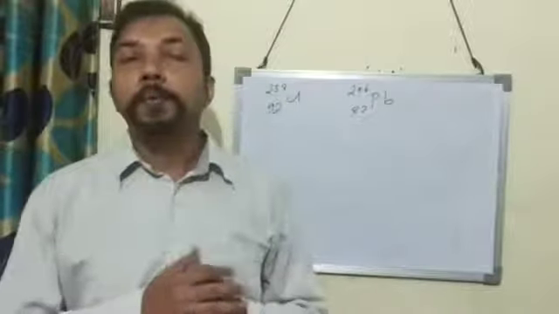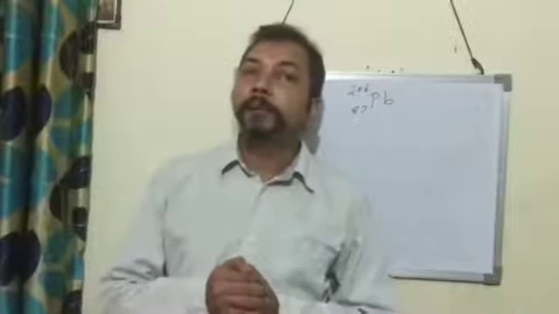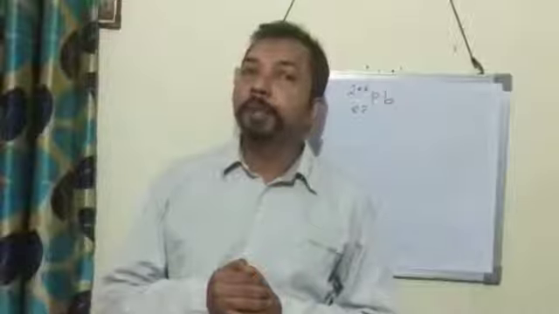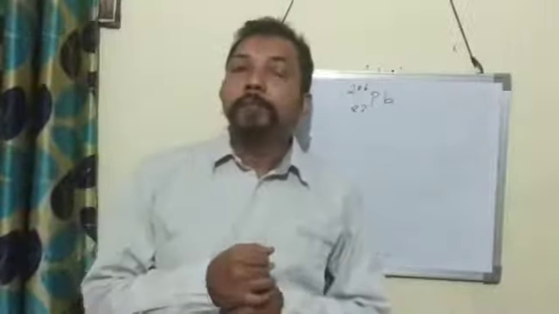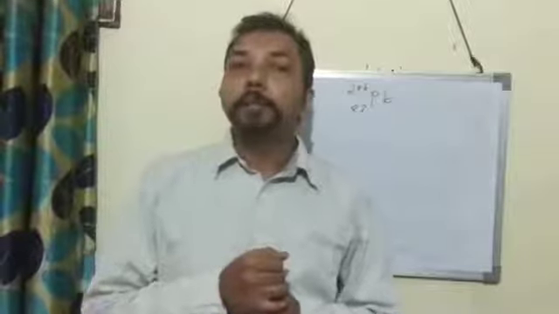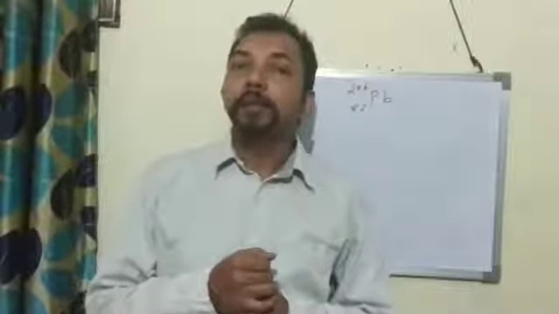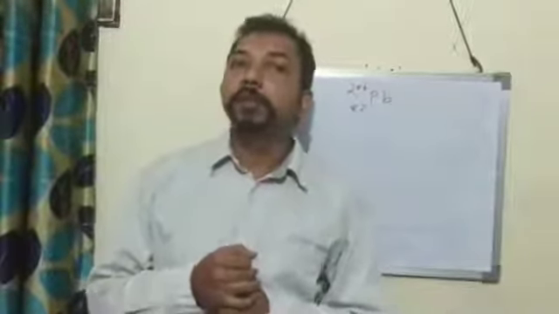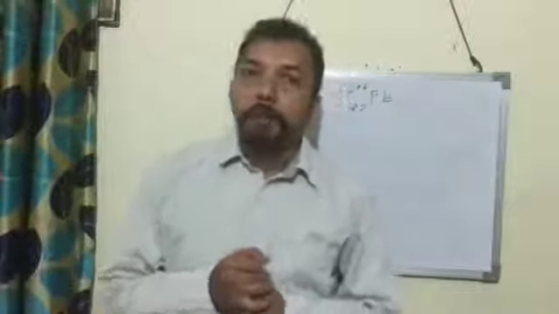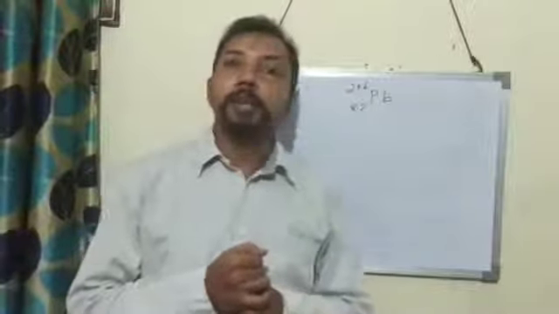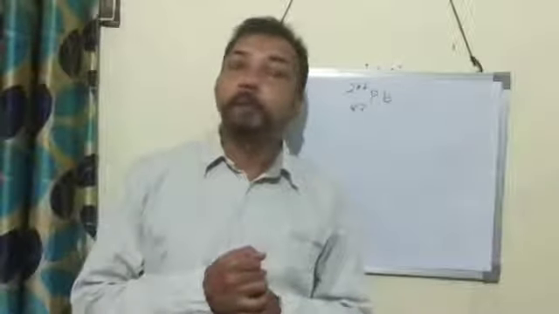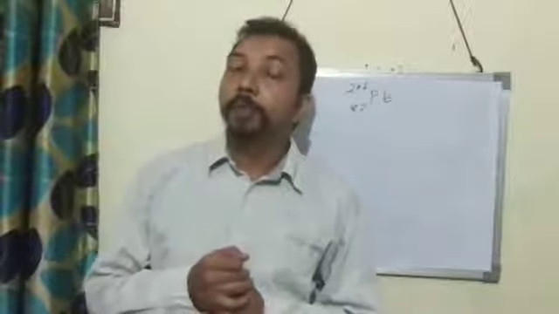So if you have to find out the number of alpha particles and beta particles emitted, you must know what change comes to the atomic number and mass number during alpha emission, and what change comes during beta emission. In alpha emission, mass number decreases by 4 and atomic number decreases by 2.